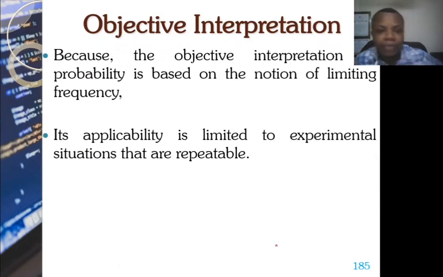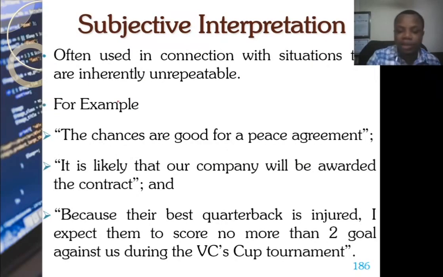Now because this objective form of interpretation is based on the notion of limiting frequencies, its applicability is limited to experimental situations that are repeatable. So in situations where we do have experiments which are not repeatable, it is very difficult to estimate these limiting frequencies. And that brings us to our next form of interpretation, which is a little bit more flexible.